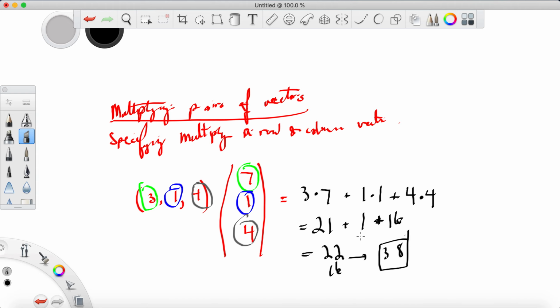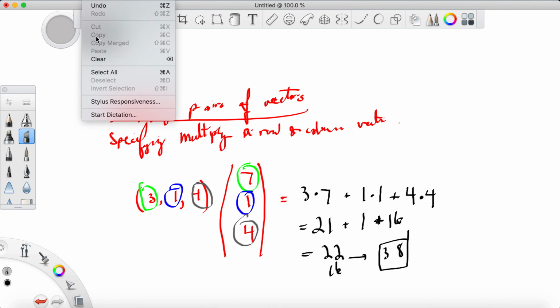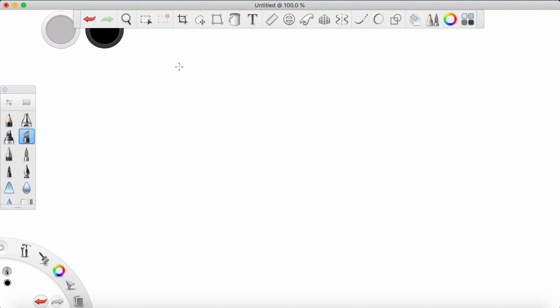Okay, so notice that the number of entries in the row was 3, and the number of entries in the column was 3. So they have to match up. If they don't match up, how would you do it? So let's say I had 2, 3, and 5, 2, 6. How would you do this?